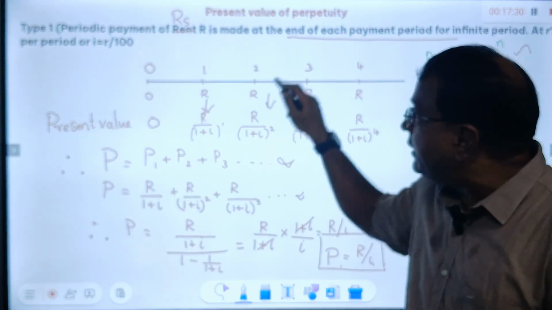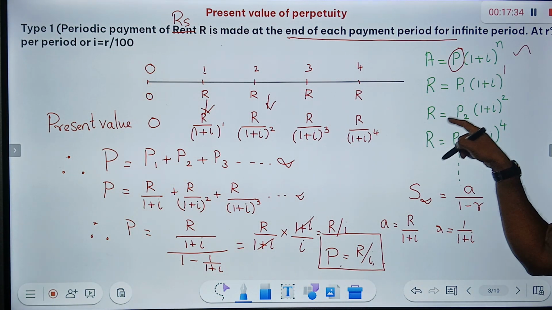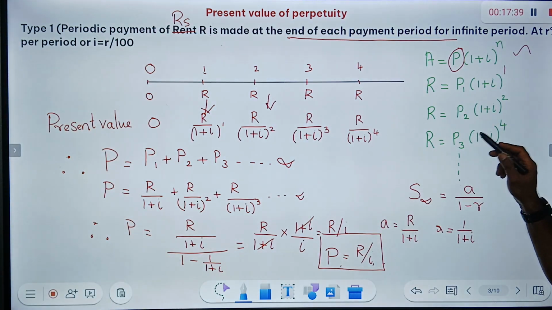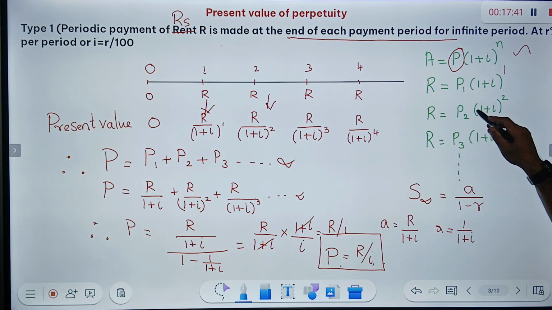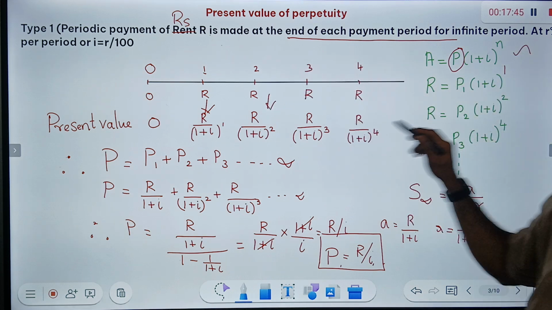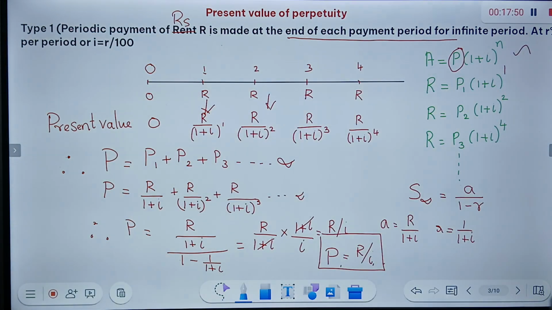So at the end of the second term, what is my present value? R equals, because R does not change, P2, the present value, into (1 plus i) whole square. n is 2 now, because it's the second period. So from this, what is P2? R by (1 plus i) the whole square.